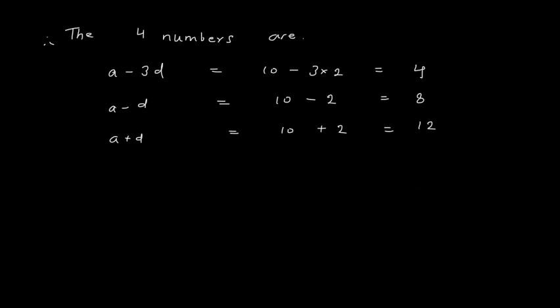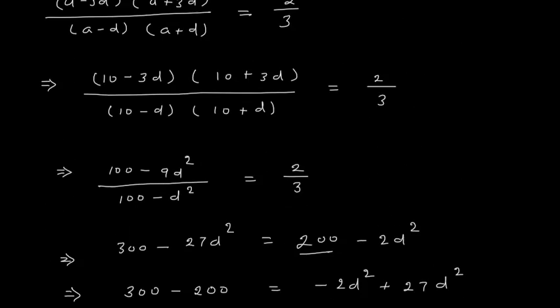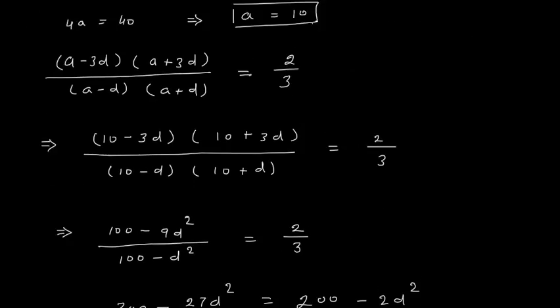And then we have a plus 3d, which is 10 plus 3 into 2, that is 6. 10 plus 6 is 16. 4, 8, 12 and 16 are the four consecutive numbers that we have to find out.